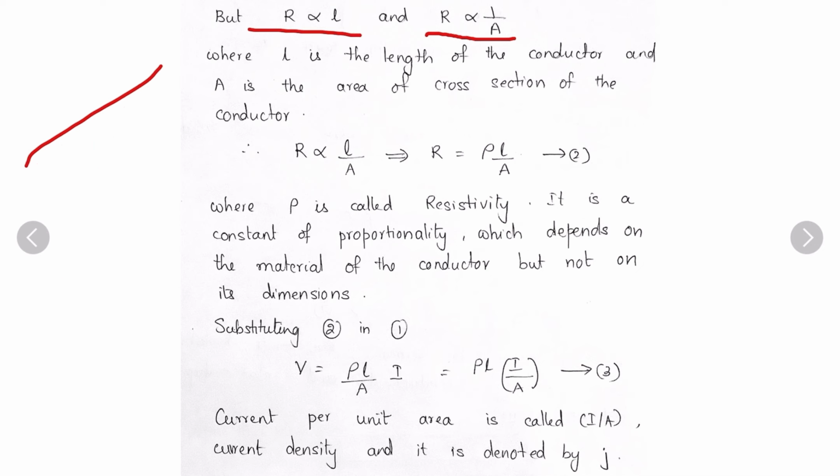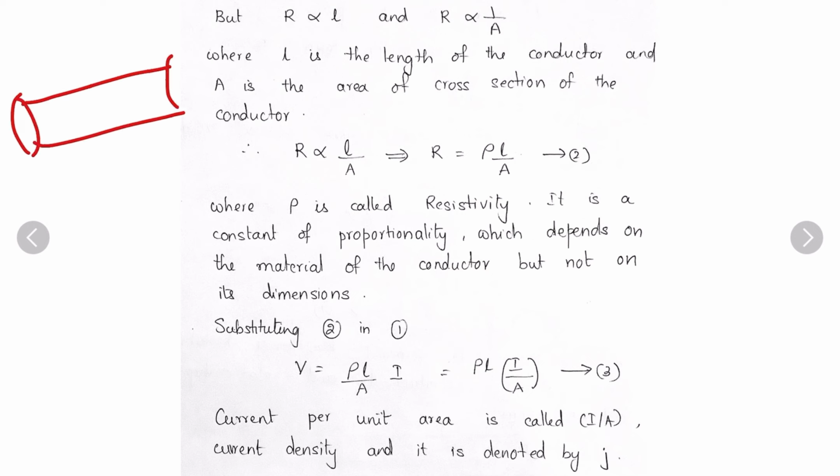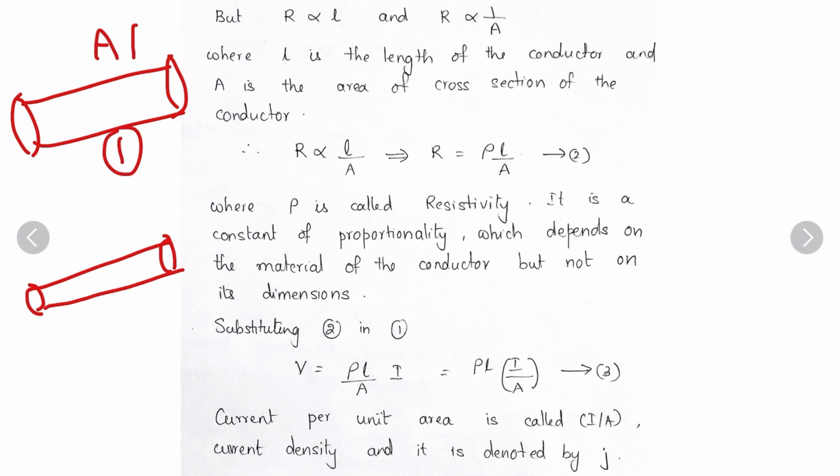Similarly, let us take the water example again. If we have a thick pipe and another, a small pipe, that means the first one has a big cross sectional area and the second one has a small cross sectional area. Through the first one the water flows freely because the cross sectional area is more.